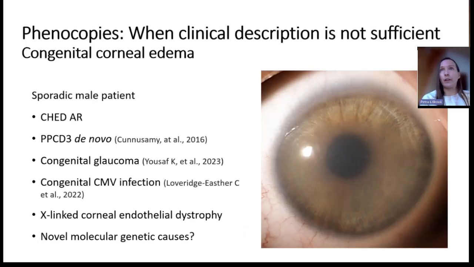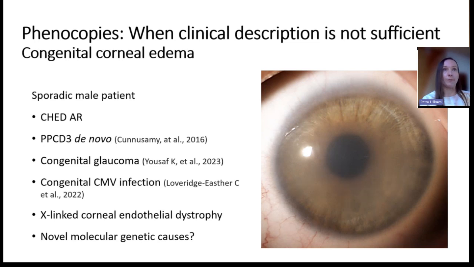So let's talk about differential diagnosis. Imagine you have a sporadic male patient with no family history, manifesting with bilateral congenital edema. So below are all the possibilities which can happen. Which one will you choose? I think, again, you need genetic testing to get near the diagnosis.